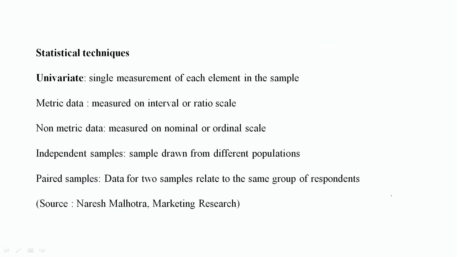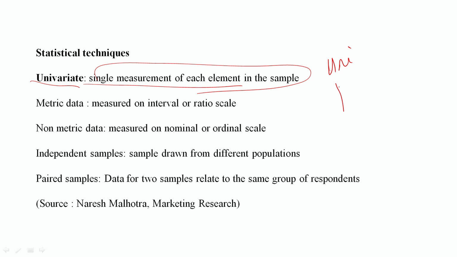In the coming segment, we will study statistical techniques which are broadly divided into univariate and multivariate. Univariate means measuring a single element in a sample. So uni means single. So univariate, bivariate and multivariate.